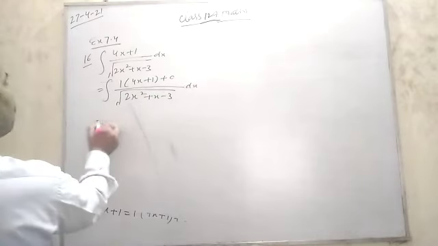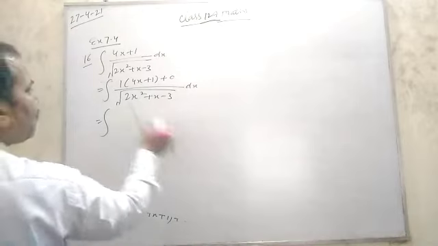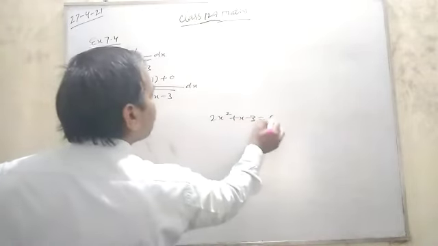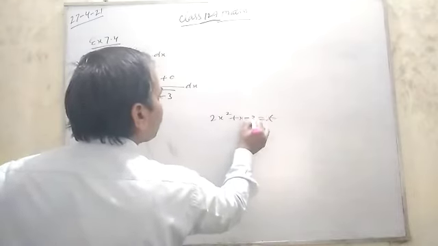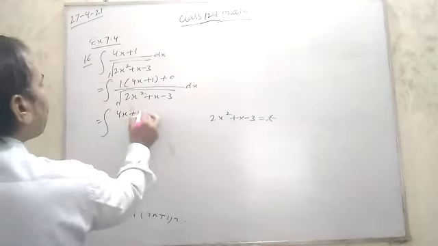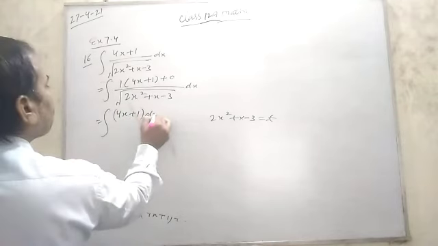So 0 there has no meaning, means directly this same will be. So you suppose 2x square plus x minus 3 is equal to t. One line also you write, means after simplifying also that starting will come.